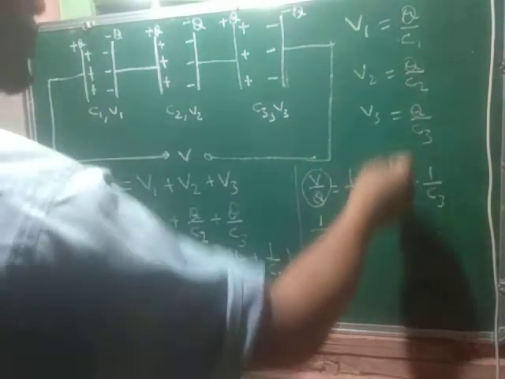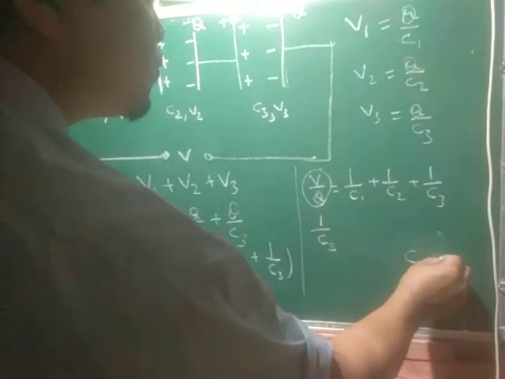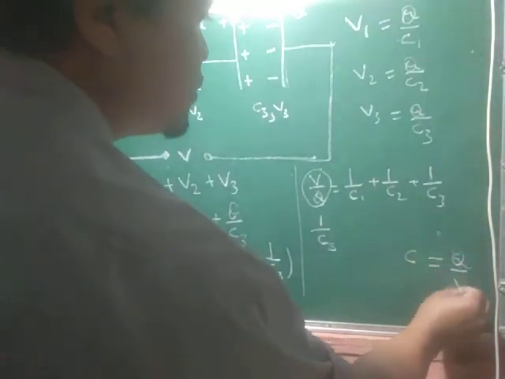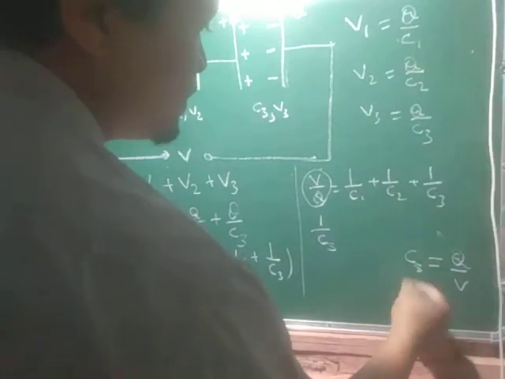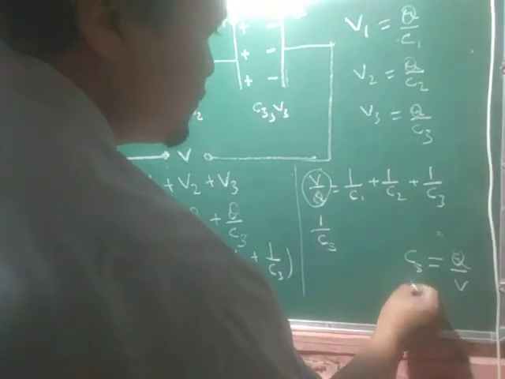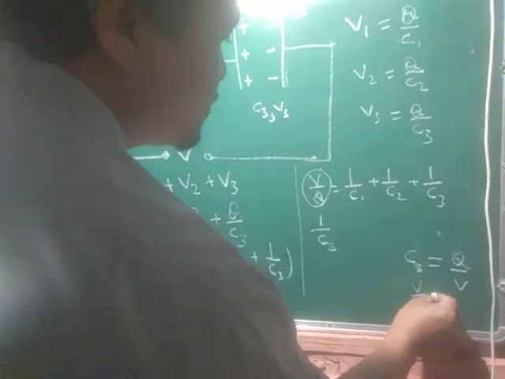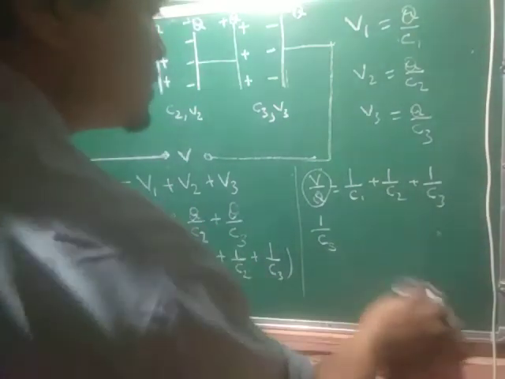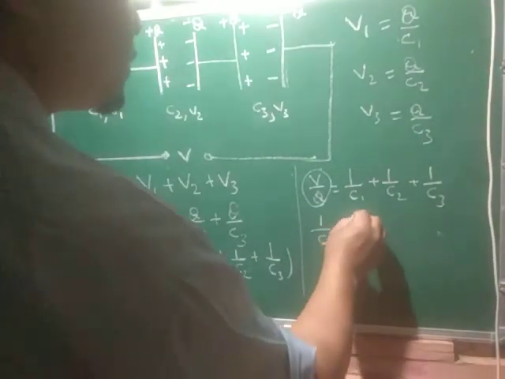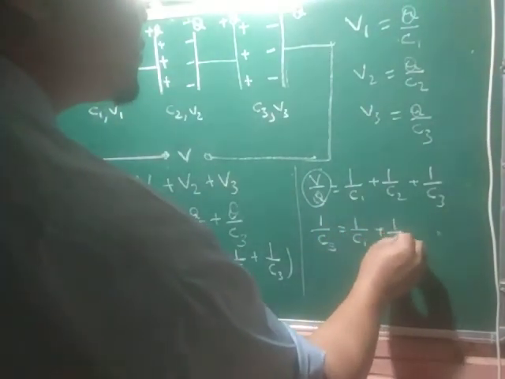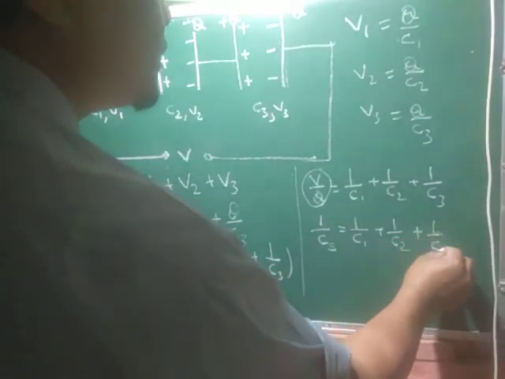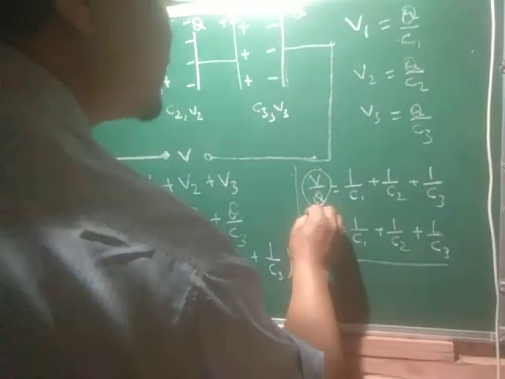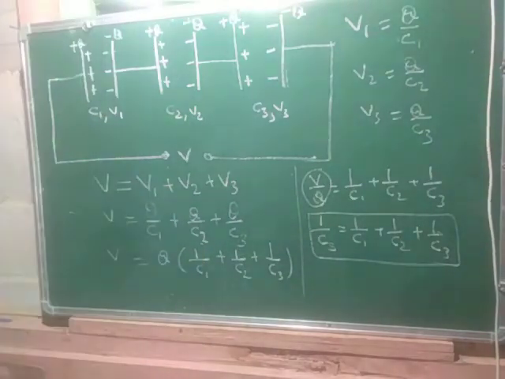From the formula C equals Q by V, taking the reciprocal of V by Q, you get 1 upon CS. Therefore 1 upon CS equals 1 upon C1 plus 1 upon C2 plus 1 upon C3. This is the formula for the equivalent capacitance of three capacitors connected in series.